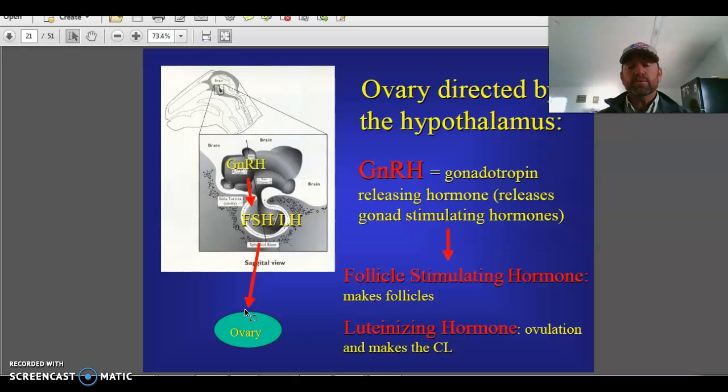This recruiting of follicles creates some follicles that start growing. As these follicles start growing, estrogen rises. As estrogen starts to rise, this heifer will start to show outward signs of heat, meaning that she will start being more agitated. She'll start mooing more. She will probably have a little bit of a clear mucus discharge.